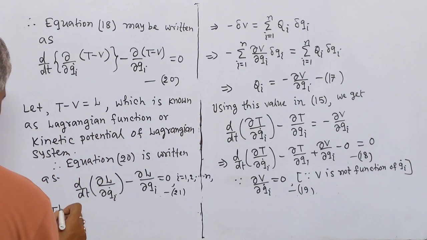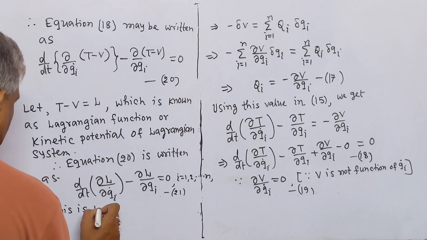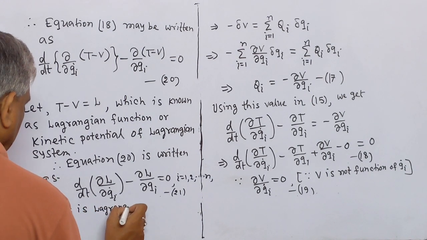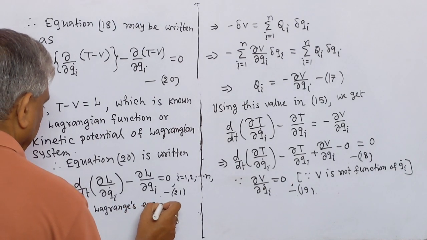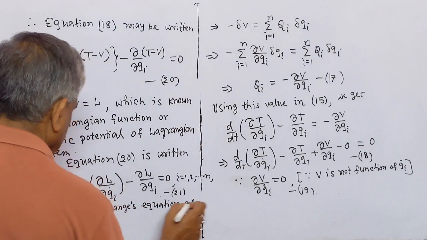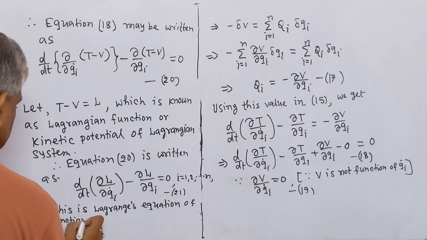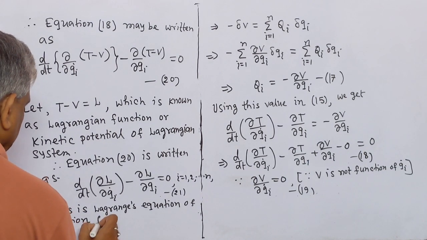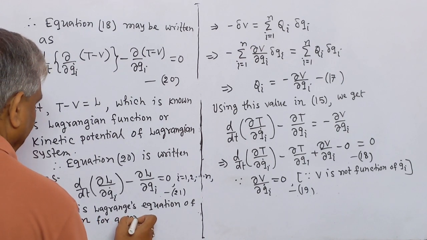This is Lagrange's equation of motion for a conservative system.